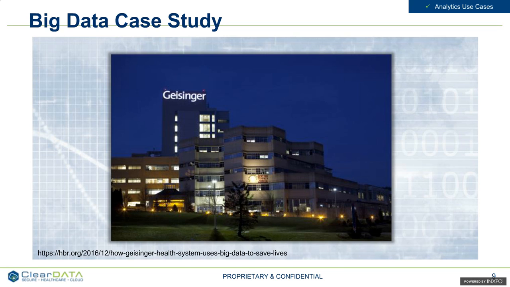Geisinger's UDA, as they call it, is really one of the largest practical applications of point-of-care big data in healthcare. For example, they have thousands of CPUs processing and delivering hundreds of terabytes of data every single hour. It's a pretty fascinating system.